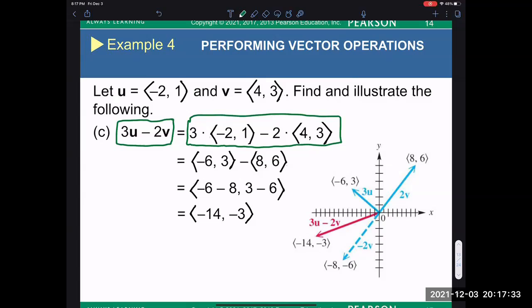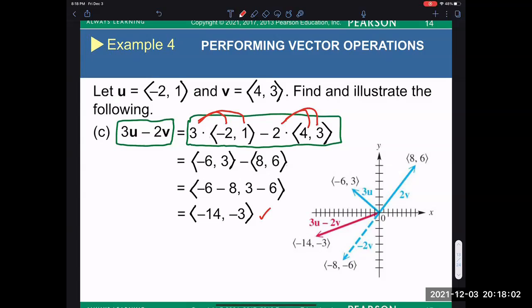So to do that, we simply distribute the 3 to the components of u, and distribute the 2 to the components of v. And so then we get these results, negative 6, 3 and 8, 6. And then we do the subtraction by subtracting the x's and the y's. And that leads us to our result of negative 14, negative 3.